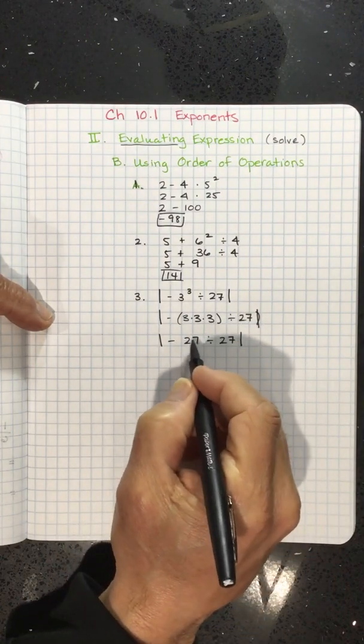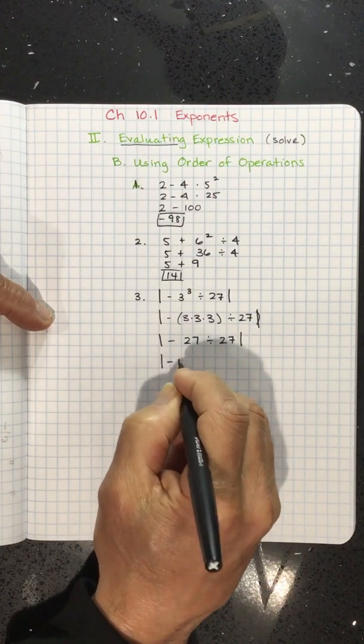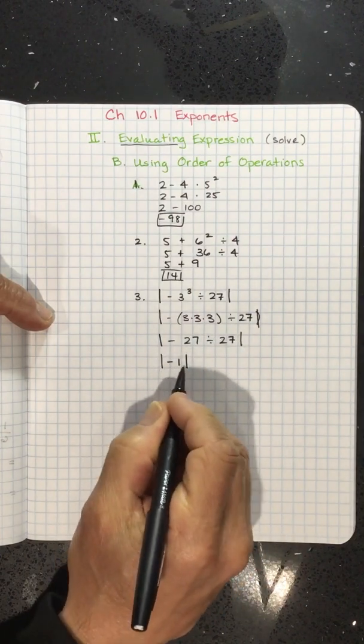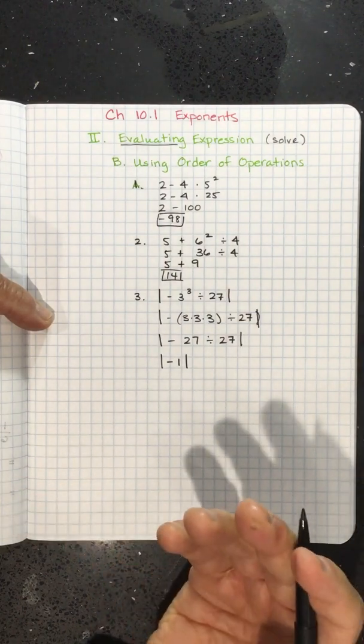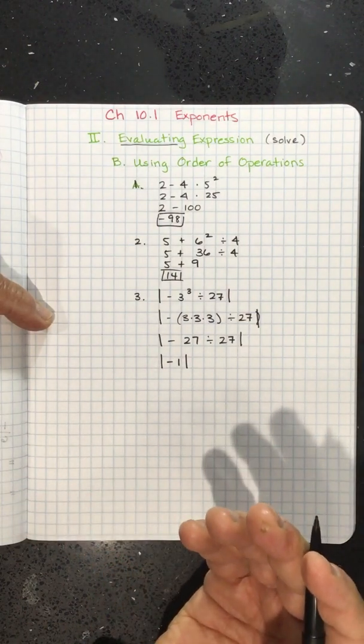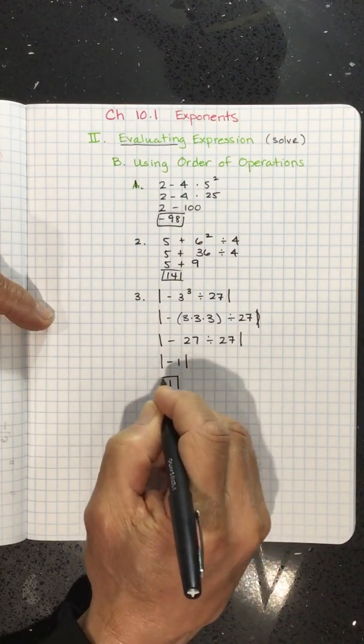So now we have negative 27 divided by positive 27, and the answer to that is negative 1. And the absolute value of negative 1, the absolute value is asking how far is it from 0, right? What are the total units of distance from 0? So then the answer to this is 1.